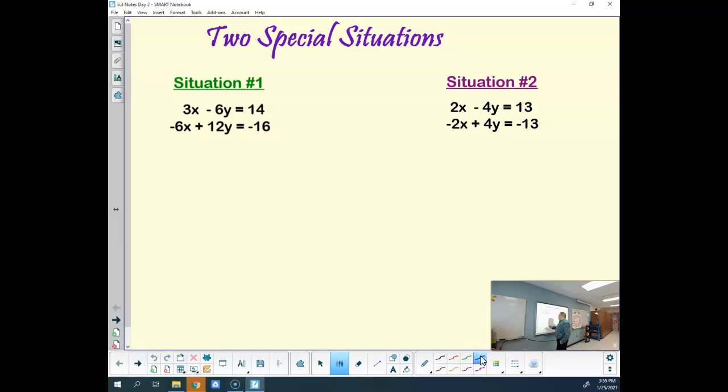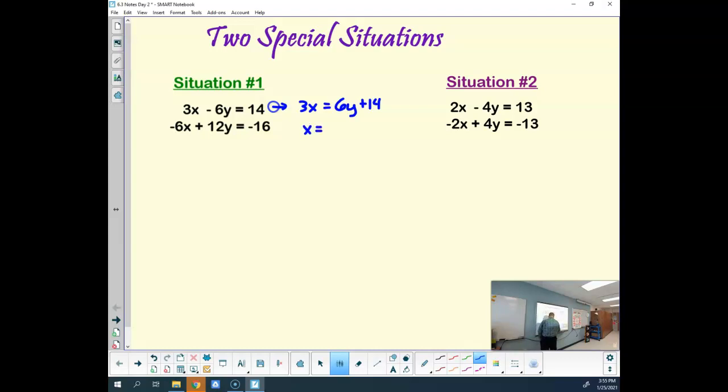I would look at this one and say this one really doesn't have a very good variable to solve for. So let's solve this top one for x. That would be 3x equals 6y plus 14. Then divide everything by 3.